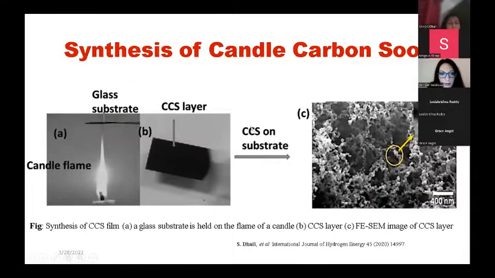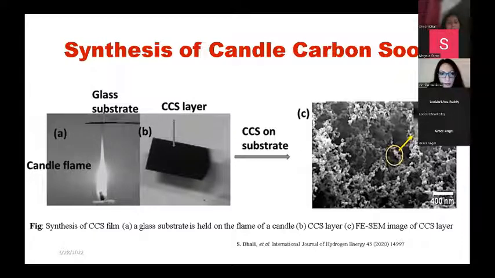So this is the work that was done by me at lab level. For the optimization, I used simple glass slides cleaned by IPA and acetone, and then we put this glass substrate on the top of the flame for a few seconds, and then we see how much layer is deposited on the substrate.